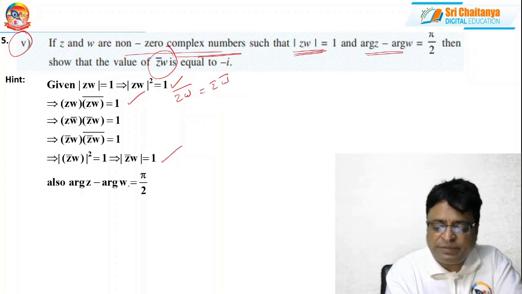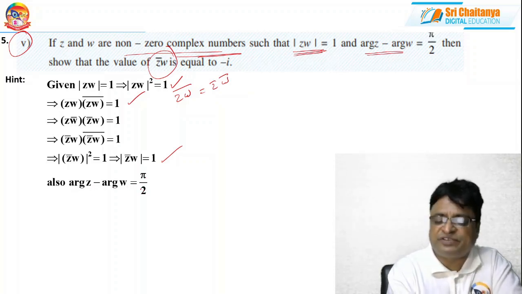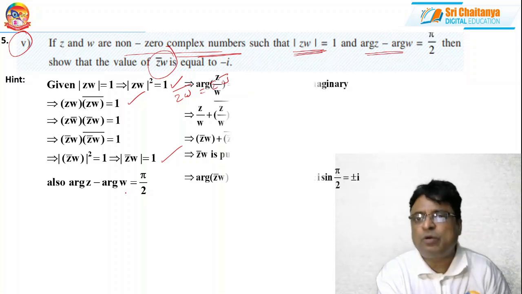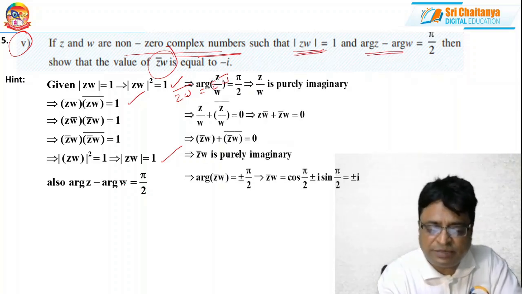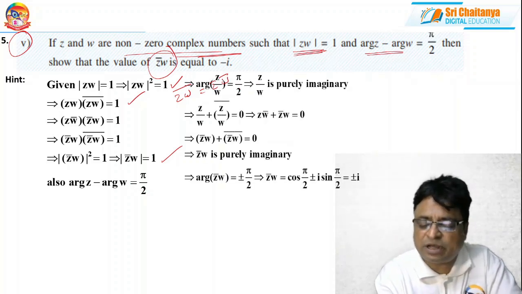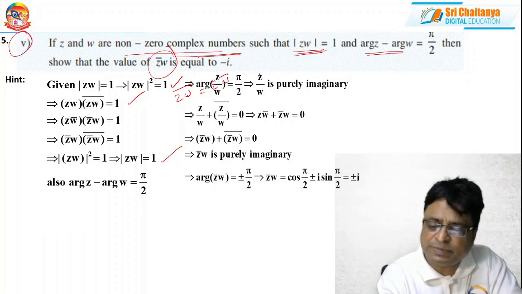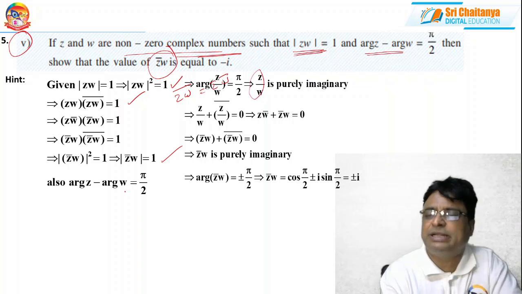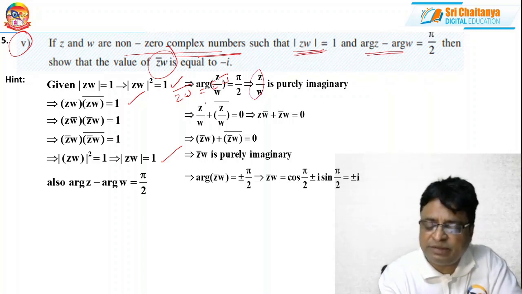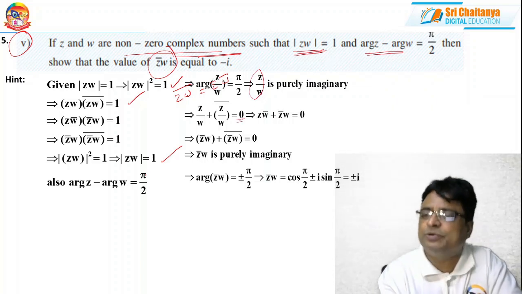Also, argument Z minus argument W is equal to pi by 2. That is given for you. So now what I am saying is, argument Z minus argument W is equal to pi by 2 means argument Z by W is equal to pi by 2. Whenever argument of the complex number is pi by 2, it is what? Purely imaginary. Whenever it is purely imaginary, Z by W plus its conjugate is equal to 0.